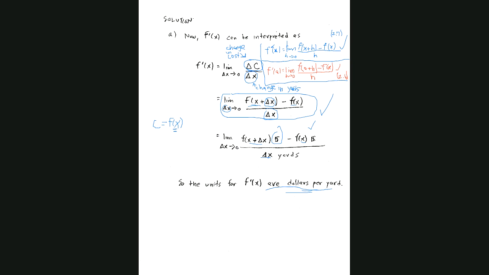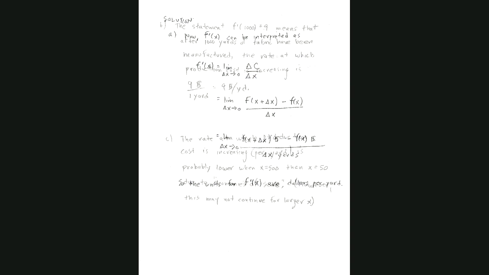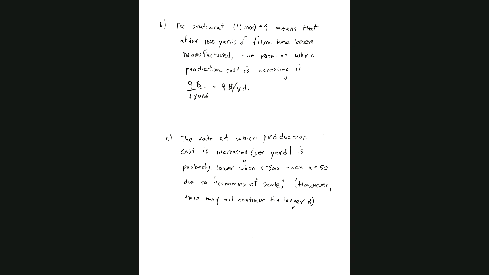Is everybody good with this? We only have one page left, and it's going to be simple. Okay, so for B, the statement f prime of 1,000 equals 9. That's going to mean that after 1,000 yards of fabric have been manufactured, the rate at which production cost is increasing is $9 per yard.